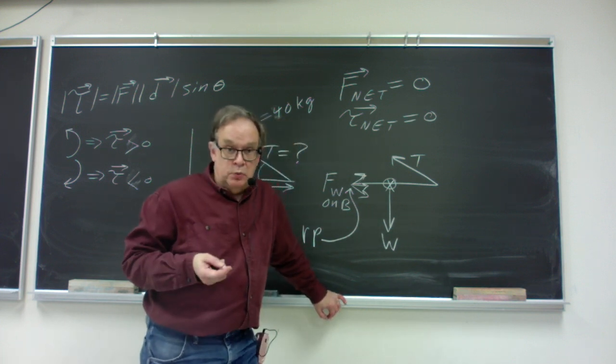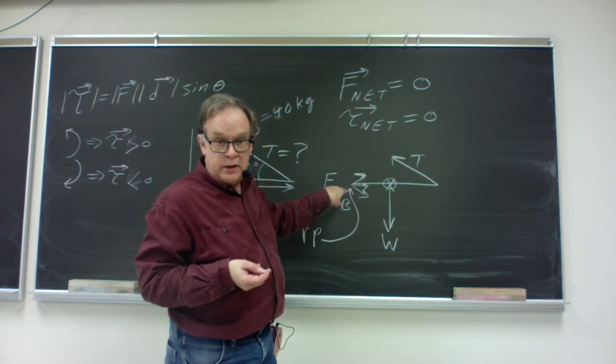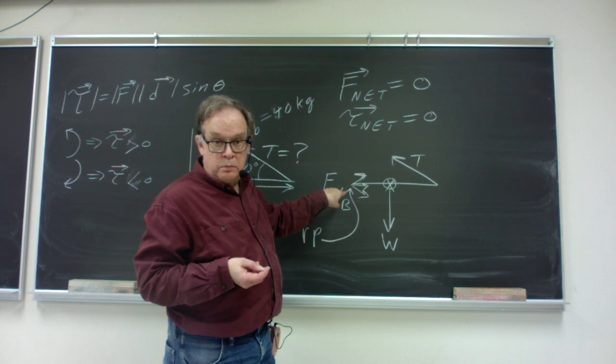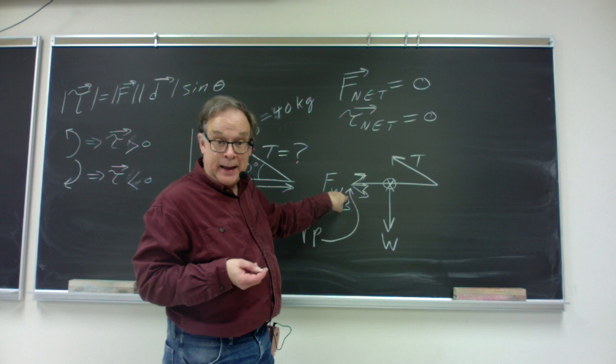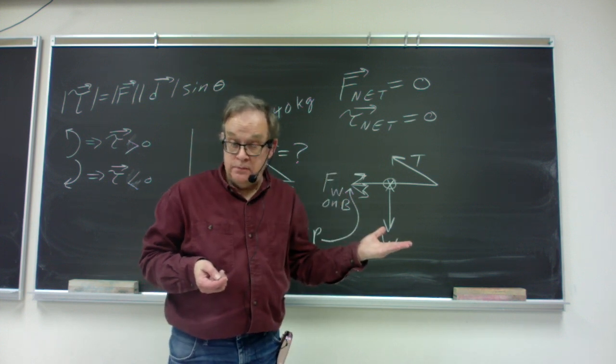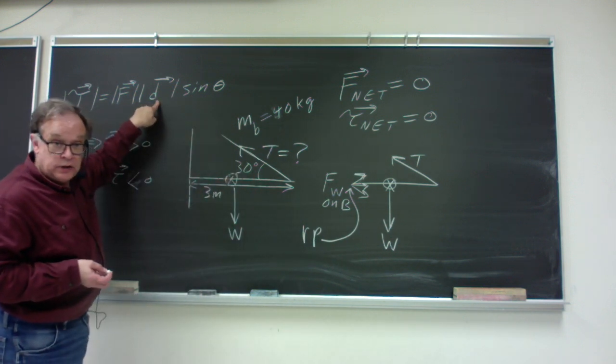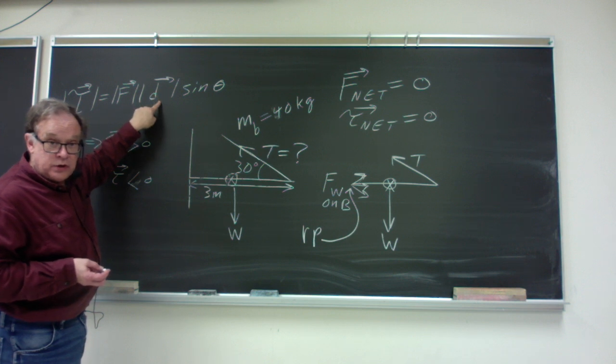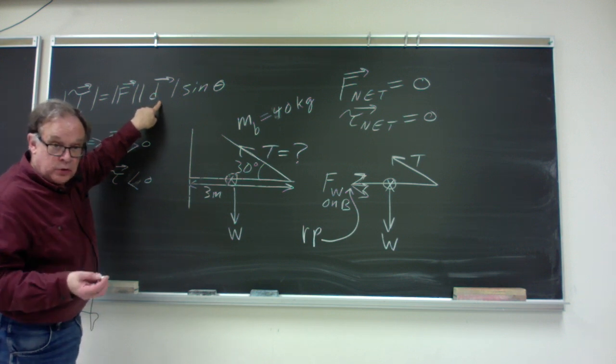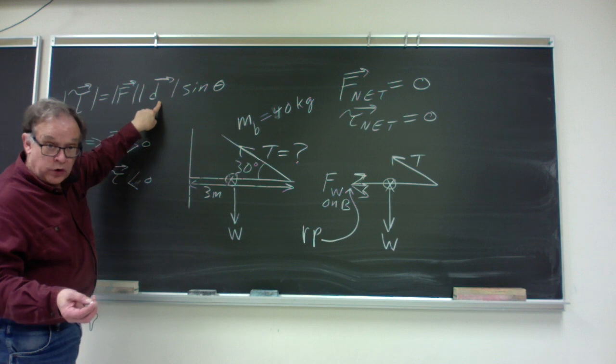Another reason to put the reference point right here is that whatever force is acting at the reference point produces 0 torque, because this factor in the force equation is just the magnitude of a displacement from the reference point to the force.